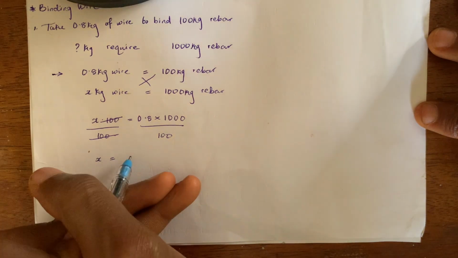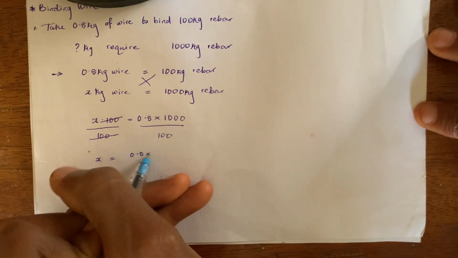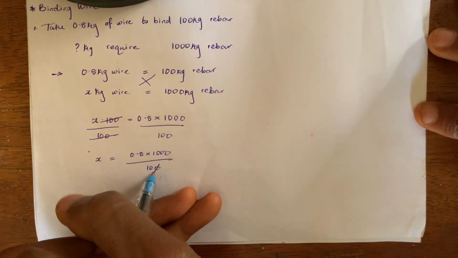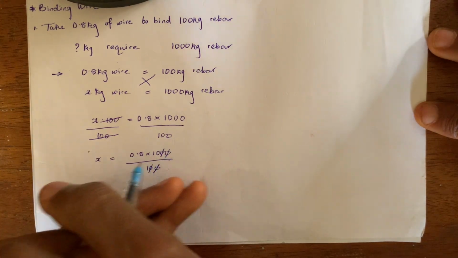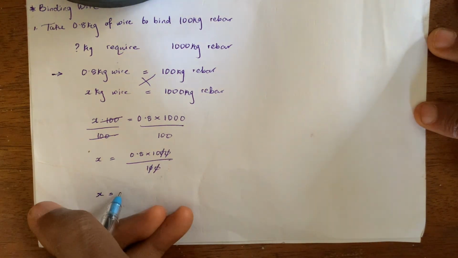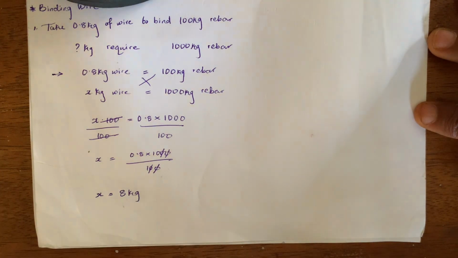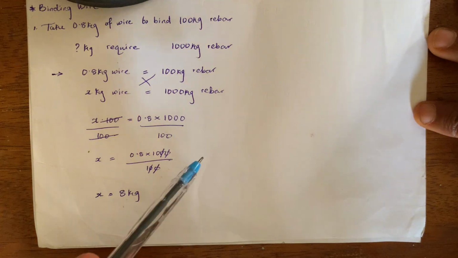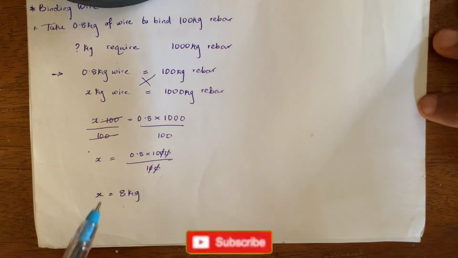So x will be equal to 0.8 multiplied by 1000 divided by 100. 0, 0, 0, 0. So 0.8 multiplied by 10 will become 8 kg. So it means that it is going to take 8 kg of binding wire to bind 1 ton of reinforcement, or 1000 kg of reinforcement.